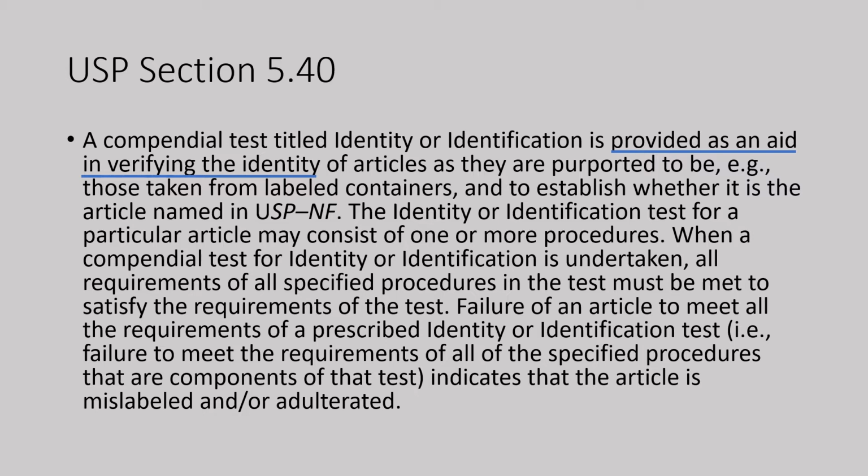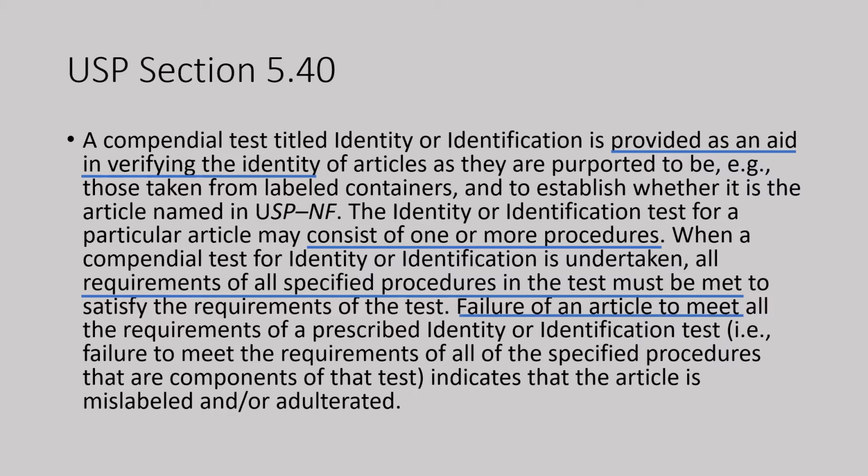The identity or identification test for a particular article may consist of one or more procedures. When a compendial test for identity or identification is undertaken, all requirements of all specified procedures in the test must be met to satisfy the requirements of the test.